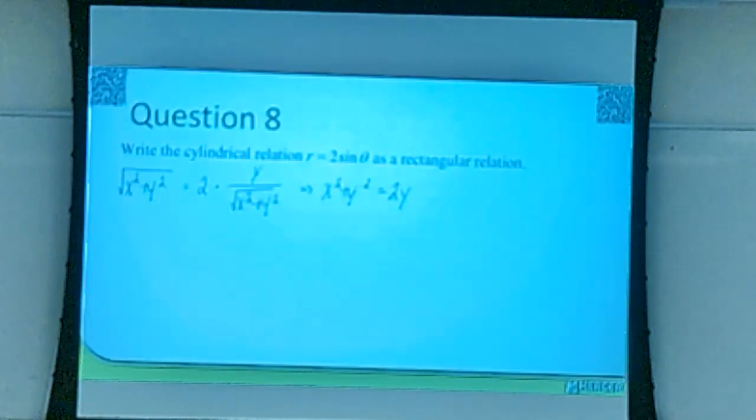We're going to keep going. Subtract 2y. Can that be simplified? Yes. How? Complete the square.